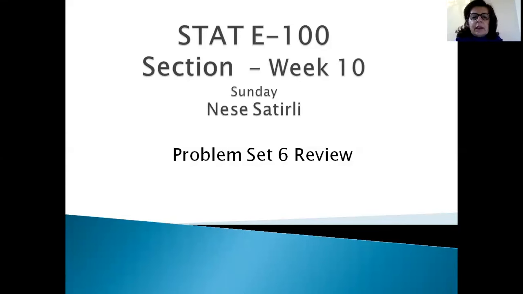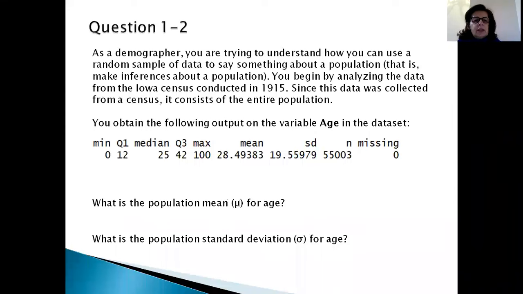So let's get started. We are going to review problem set 6 today. The first question was, as a demographer, you are trying to understand how you can use a random sample of data to say something about a population. So we have the summary statistics of the population on the variable age in the data set.